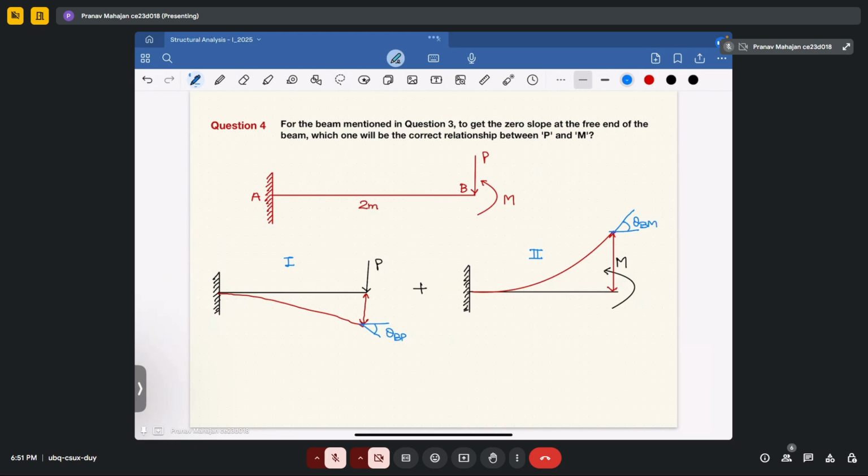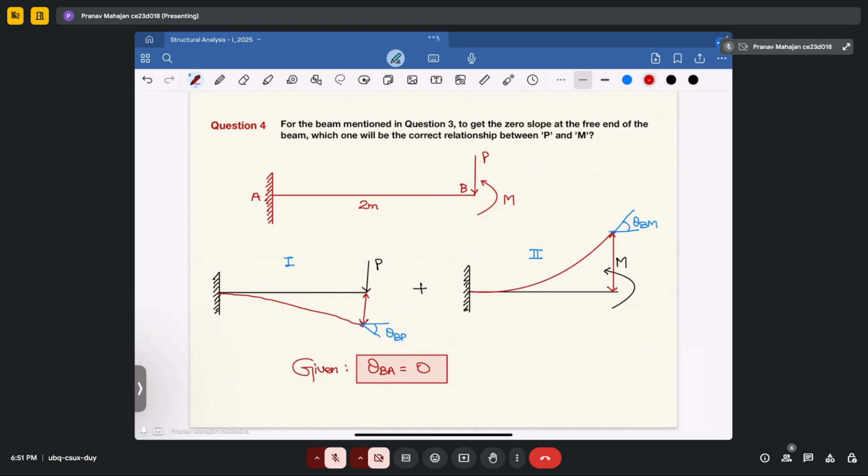Now we can again use the principle of superposition to determine the relationship between P and M. So in this case, what is given? Given is theta at B is equal to 0.